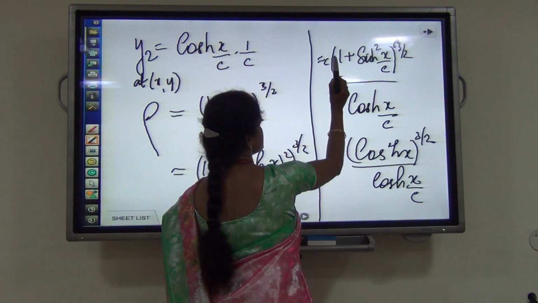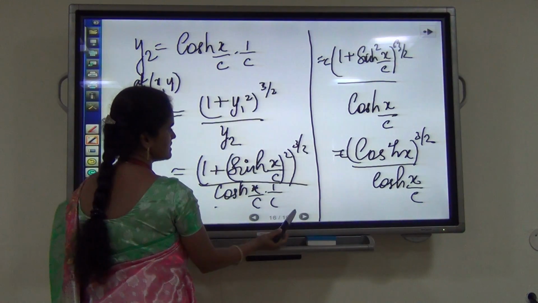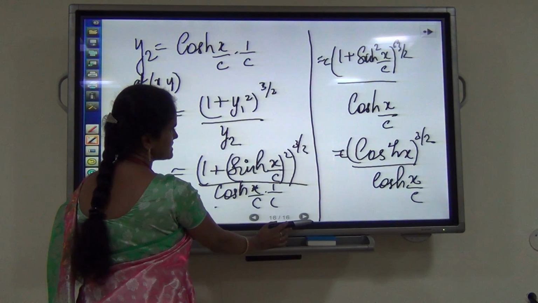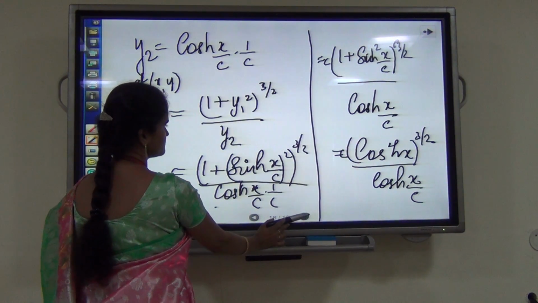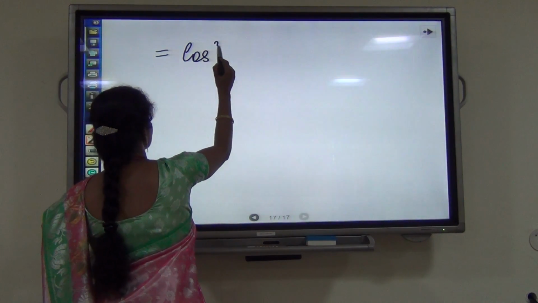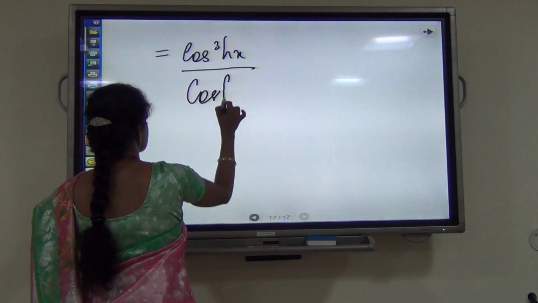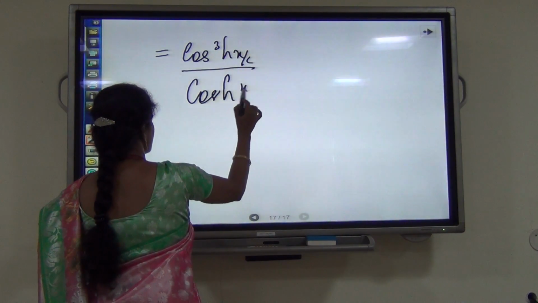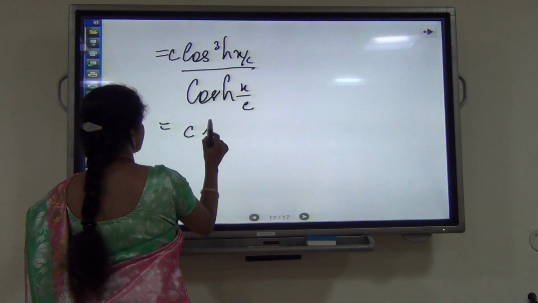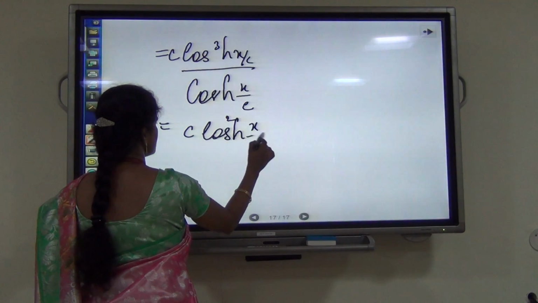You can carry this c here. Now as we simplify further, it is cosh cube(x/c) by cosh(x/c) into c. Now this is c cosh square(x/c).